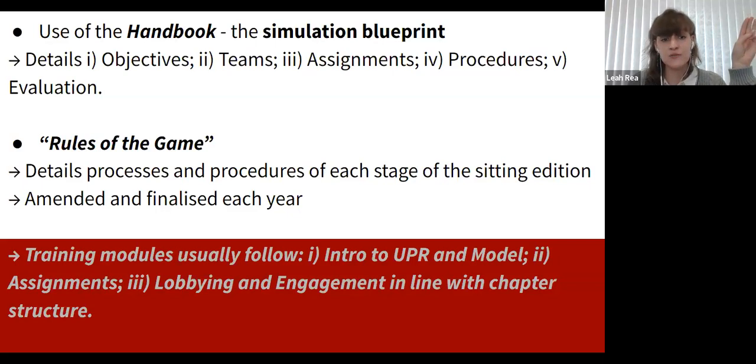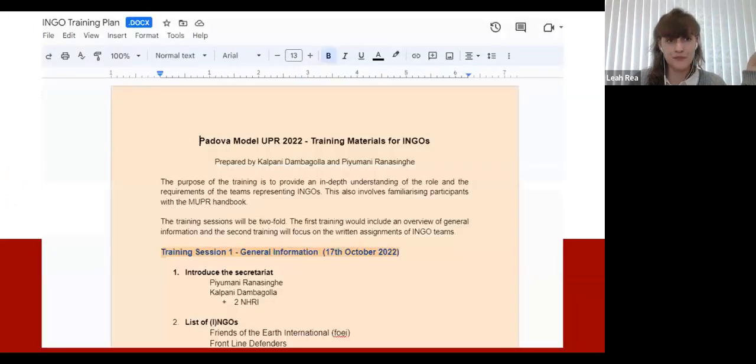And the third session will be structured around more specifically lobbying, engagement and alliance building, which will then be in line with how they are discussed and examined in the handbook. So whilst that can be maybe more specific or slightly changed each year, that's a very general structure, and that again arises from the handbook.